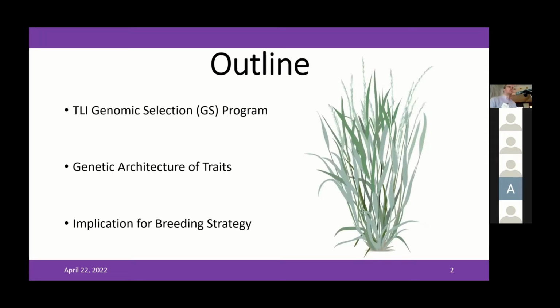Okay, so today, basically just cover a little bit about genomic selection, and then some of the things we can do with some of that data once we have the program in place: looking at the genetic architecture of these traits, how is spike yield controlled, and what that means going forward within the breeding strategy.